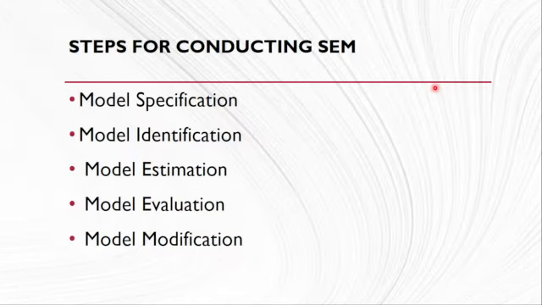And now you should understand what the steps for conducting SEM are. There are 5 steps: model specification, identification, estimation, evaluation and modification. Model specification defines a hypothesized relationship among the variables in an SEM, based on one's own knowledge or previous literature or review of literature.